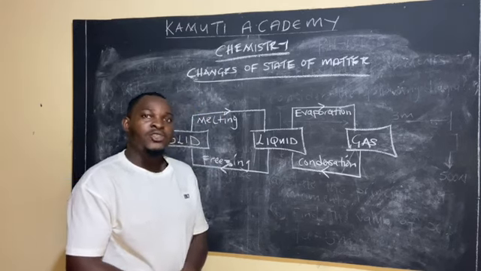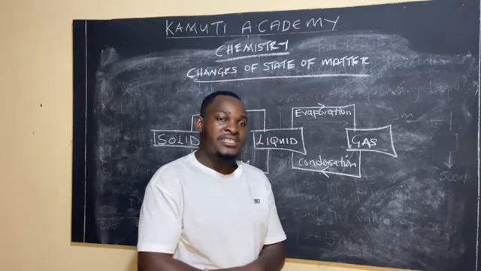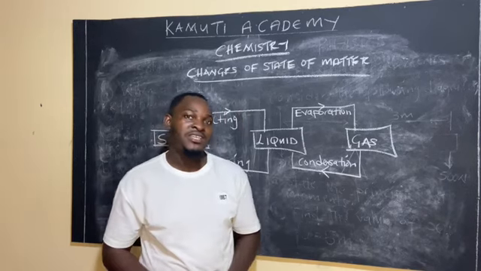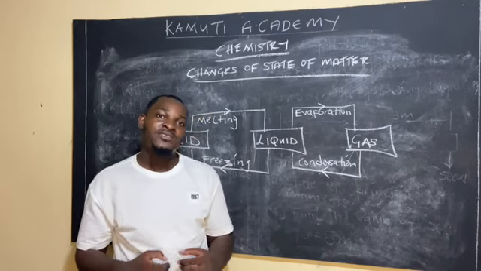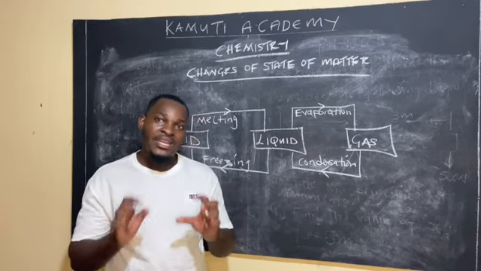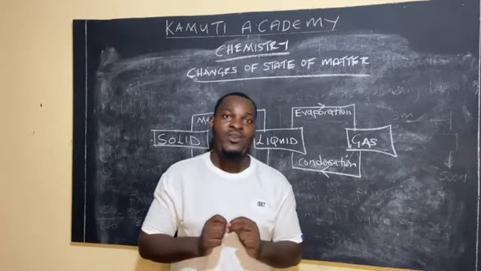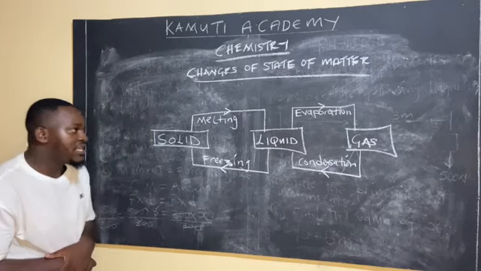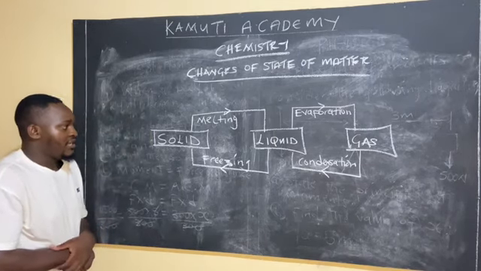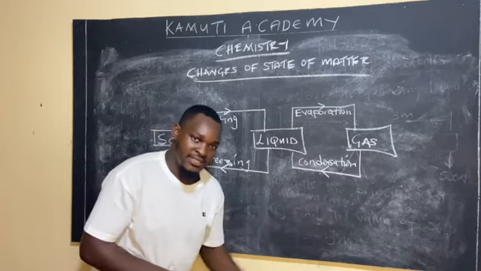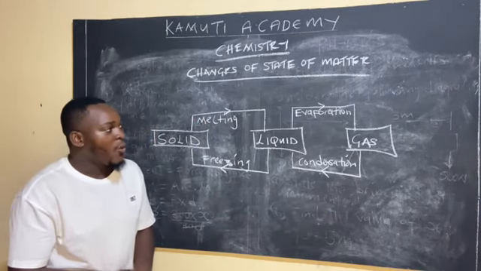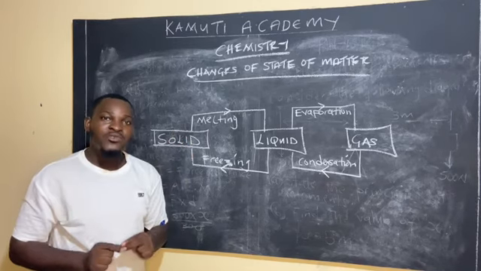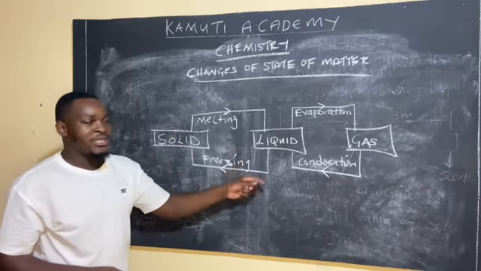Then we've got two more interesting phase changes. Now we know most of the time that when ice has melted, it becomes a liquid. So now I want you to understand what happens when a solid has changed directly from a solid to a gas, or when a gas has changed from a gas to a solid without passing through the intermediate liquid phase.